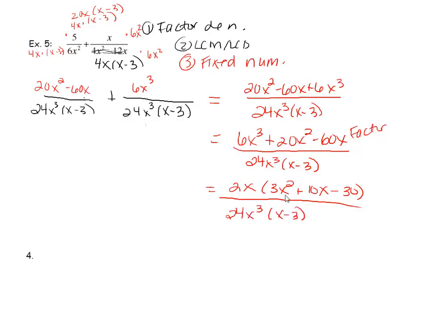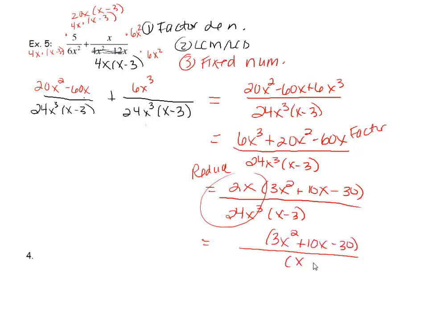And you might try magic number right here to continue factoring, but it's not going to work out, so I'm just going to save you some time. But what we can do is reduce these monomials. So 2 and 24 makes a 12 on the bottom. x and x cubed makes an x squared on the bottom. So there's our final answer.